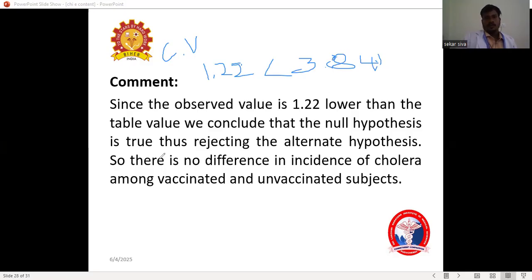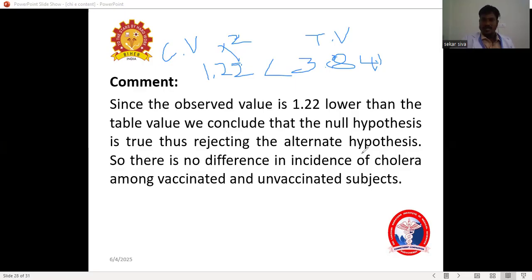This is the calculated chi-square value. This is the table value. The chi-square value is less than the table value.